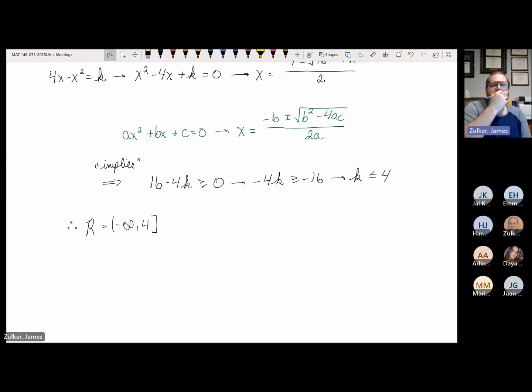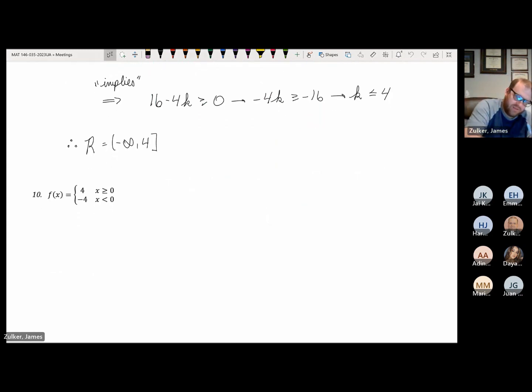Another fairly simple one here, once it decides to sync and show up. All right, so this is a piecewise function, so called because the function is broken up into pieces. We mathematicians are a lot of things, but creative is not one of them.